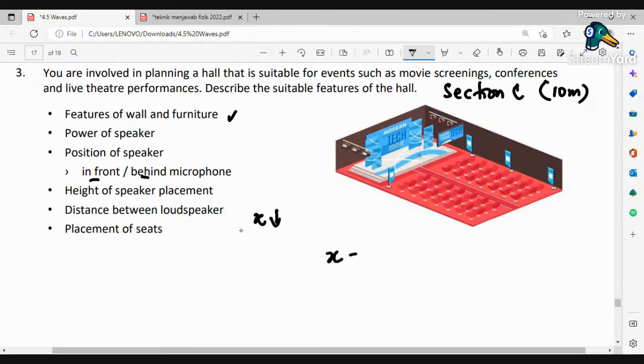Okay, we know that x depends on d lambda over a. Relationship between x and a is inversely proportional. If you want to decrease x, meaning we need to increase a. So distance between loudspeaker must be longer.